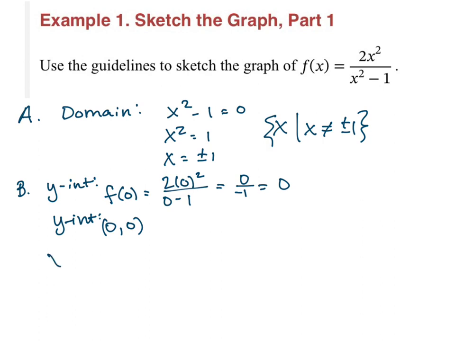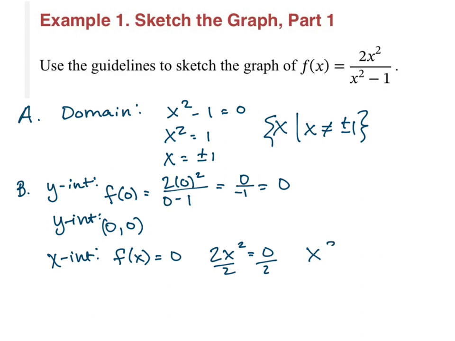Okay. We're also going to need to find x-intercepts. To find an x-intercept, what do? I set f of x equal to 0. It's a rational function. So I only have to set what? The top equal to 0. I could set the whole thing, but then my denominator is going to cancel off. So really, I'm interested in the top equal to 0.